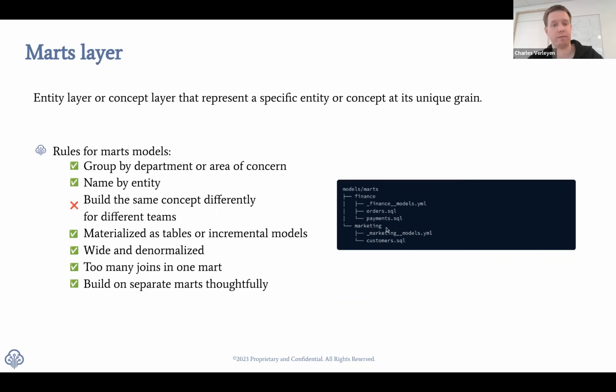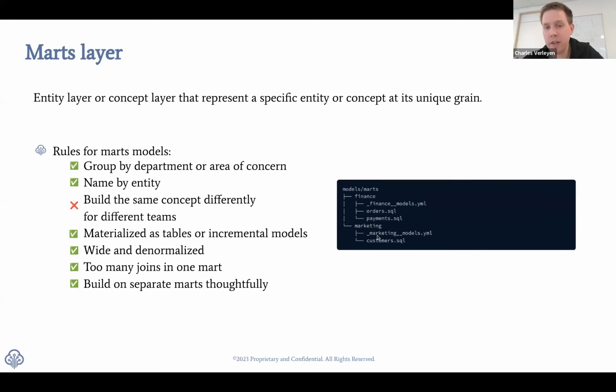Finally, the marts layer. So again, group by department or area of concern. That's the idea of having data products. So you have finance, marketing, and so on, and you can really expose tables that relate to those business concept entities into a logical family. And then by entity. Building the same concept differently for different teams is something you absolutely want to avoid, having similar tables, duplication of code across different data products.